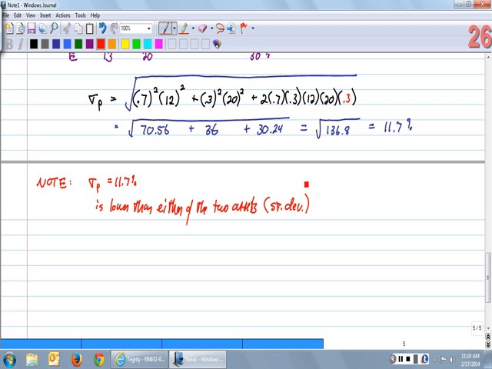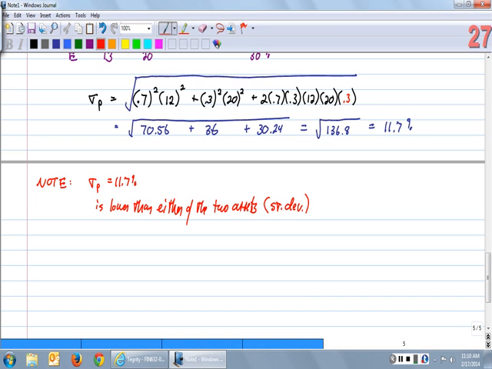One of the assets had a standard deviation of 12, the other has a standard deviation of 20. We've combined these 2 together, and we've actually got less risk than either of the 2 assets held by themselves. So we definitely had risk reduction, and we'll calculate that amount here shortly.